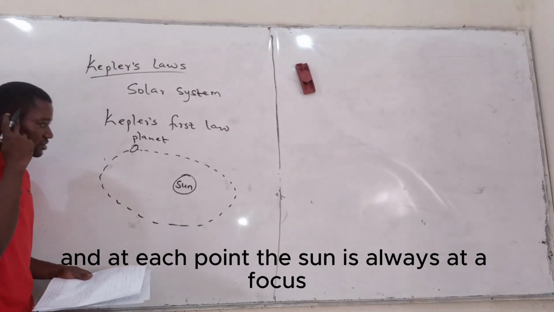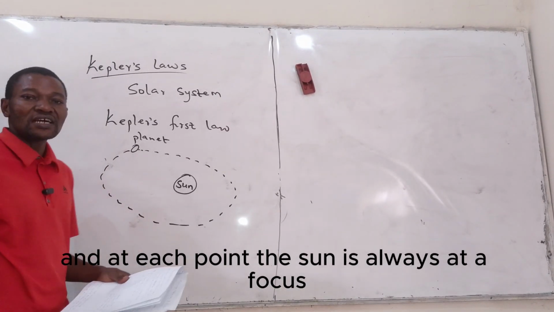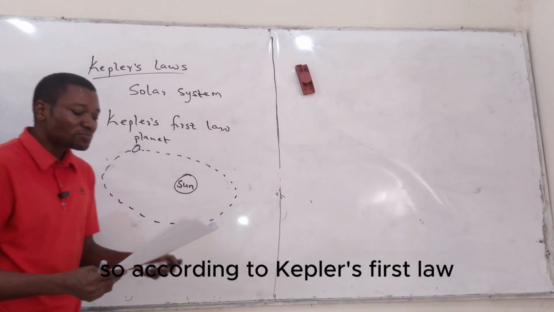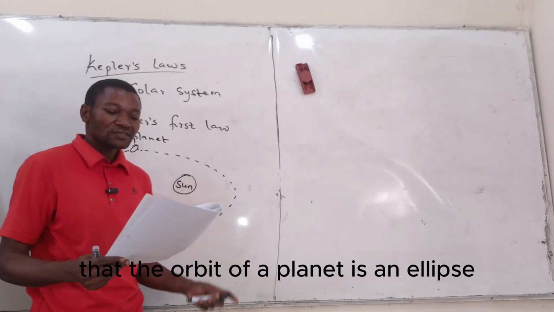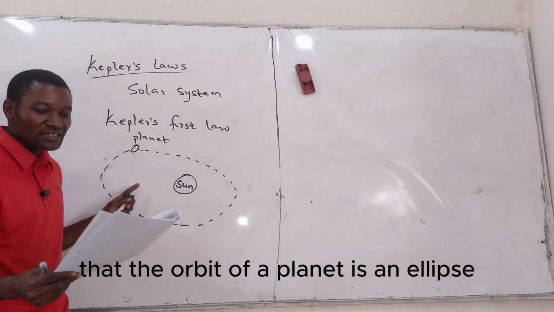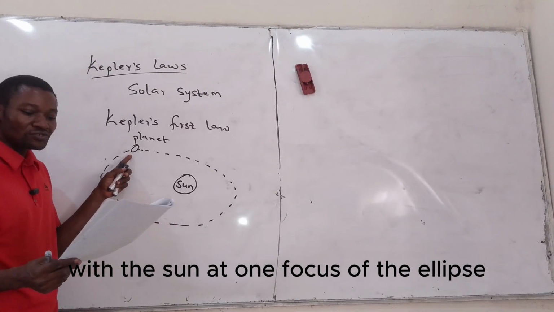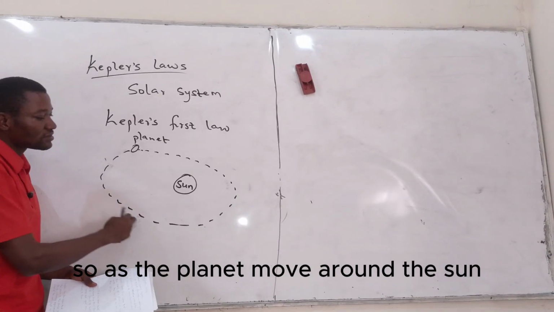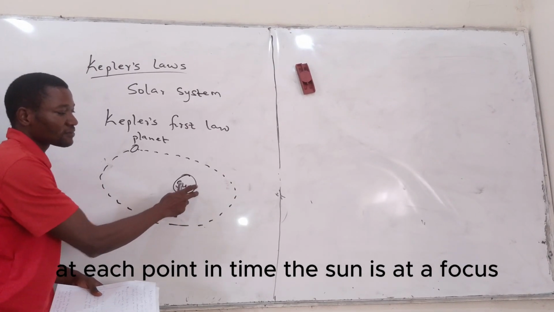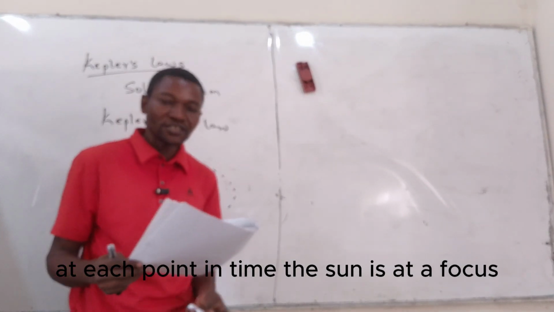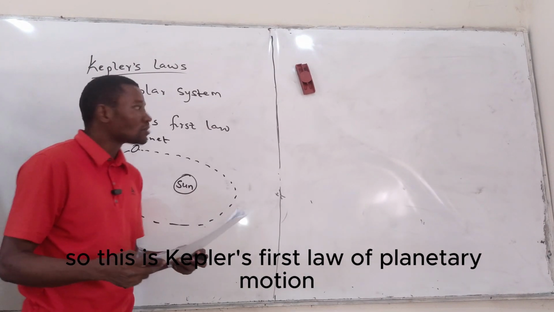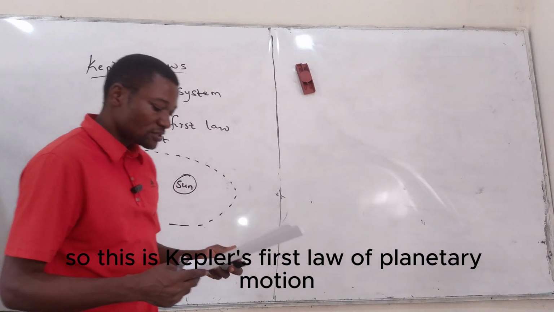And at each point, the sun is always at a focus. So as the planet moves around the sun, at each point in time, the sun is at a focus. So this is Kepler's first law of planetary motion.